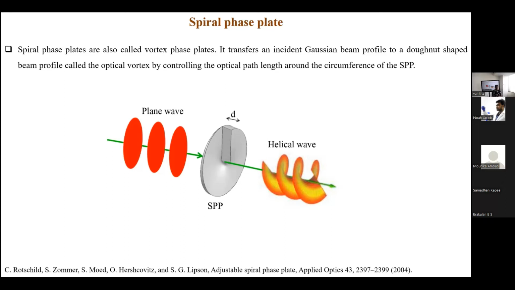Different parts of the light beam will be traveling different distances. So when the refractive index is changing, the phase acquired by the beam will change, because the propagation length will be different.